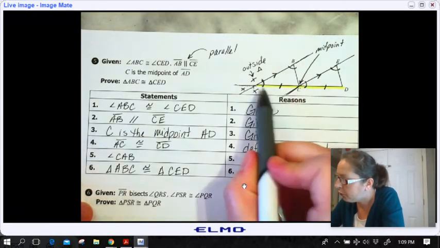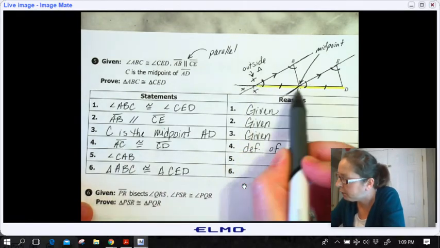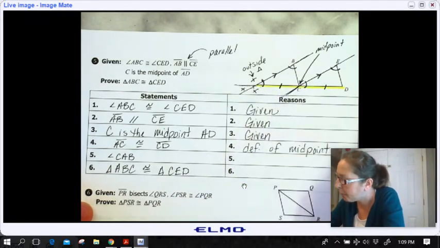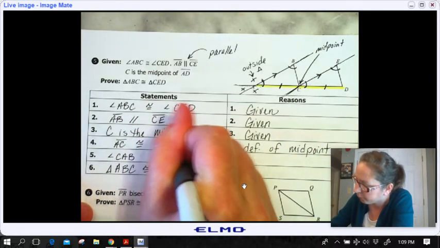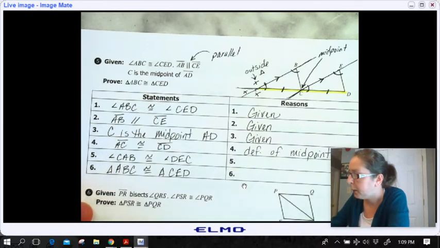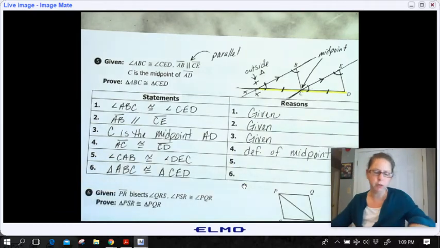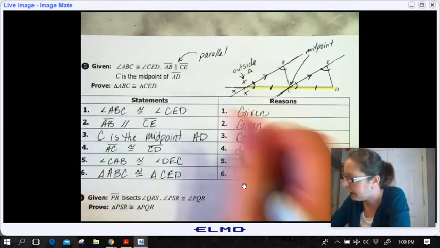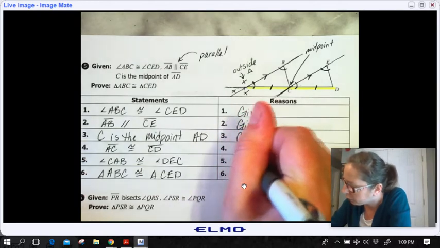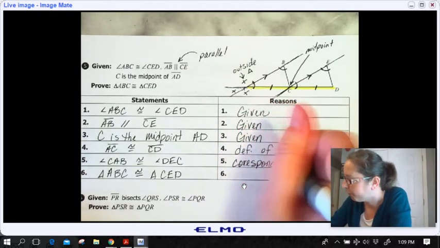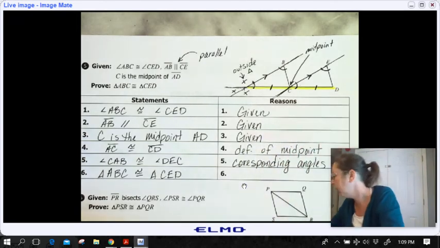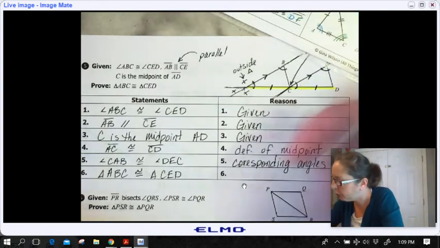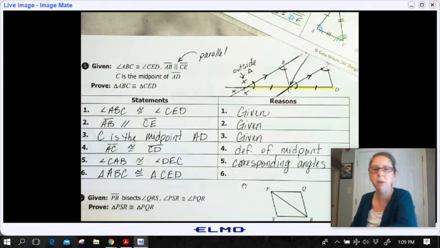So these two angles, CAB and DCE, are congruent by corresponding angles. Corresponding angles. Okay. And I spelled that wrong. There should be two R's here. Corresponding angles.